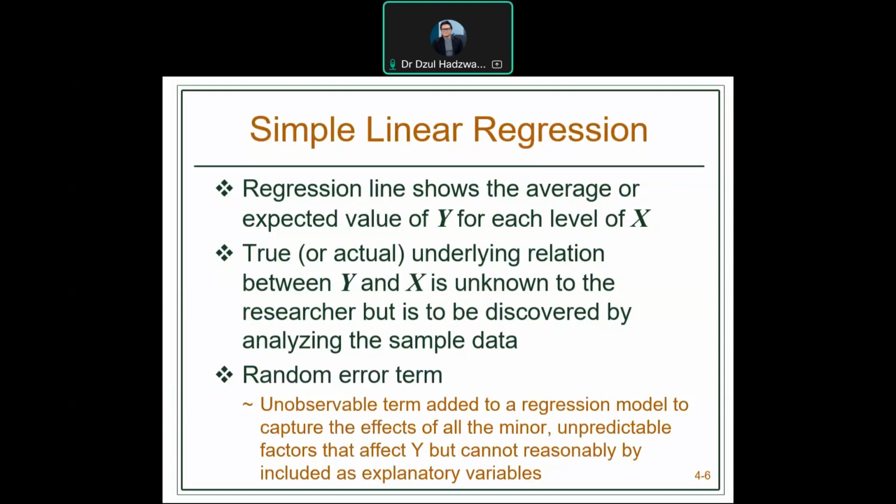Since we use samples, multiple samples, and we also deal with outlier data, there is the existence of a random error, or error term, that we need to understand. The error term is something like an unobserved term. I gave you the example of the demand function.